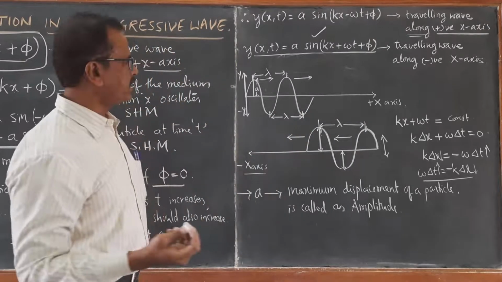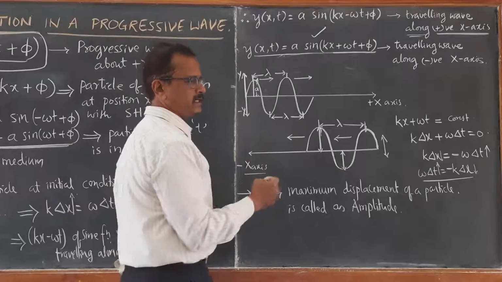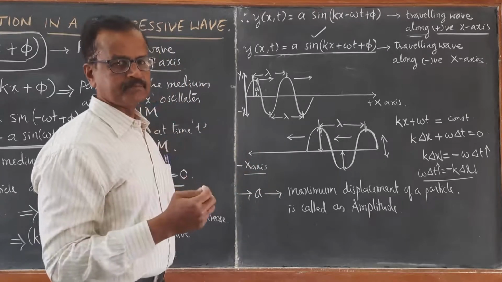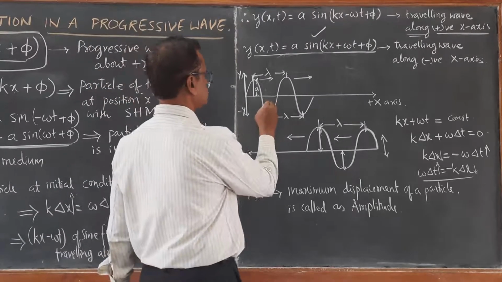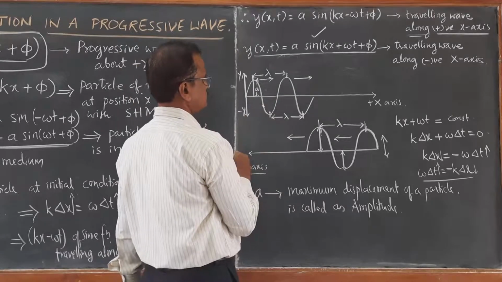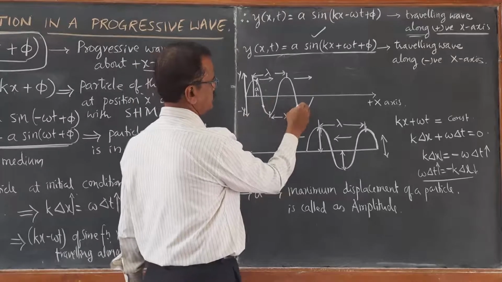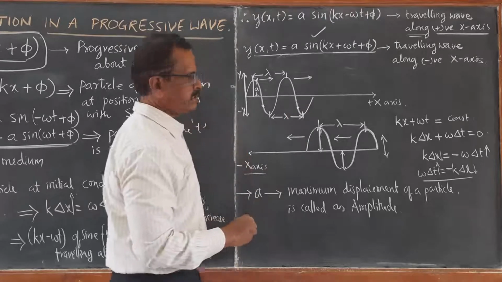Or you can take the distance between two particles in the same state of vibration. See here, if you are considering this particular particle, another successive particle in the same state can be identified.